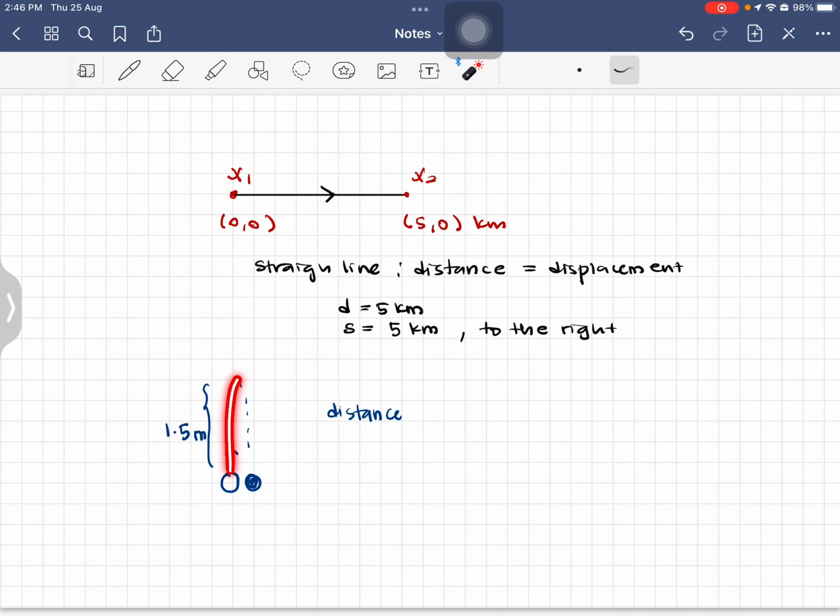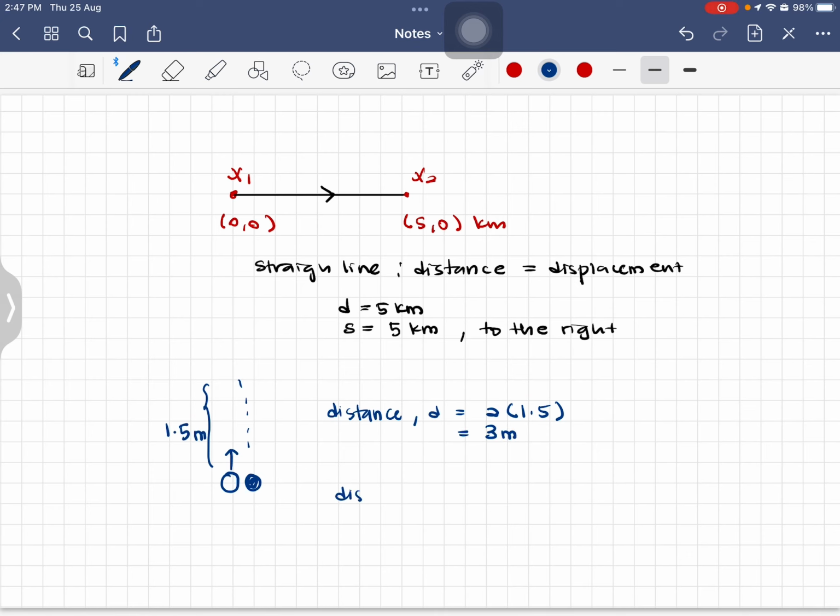The ball is going upward and down again. You will have 2 times the height. The distance is twice the height, equal to 2 times 1.5 meter. So you will get 3 meter for the distance.